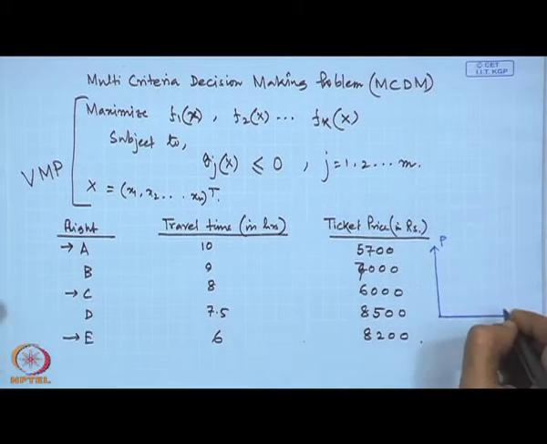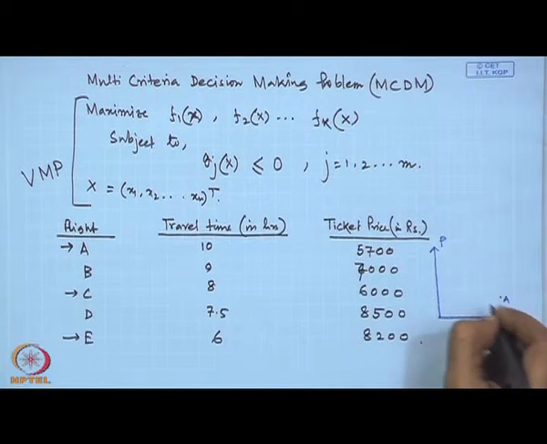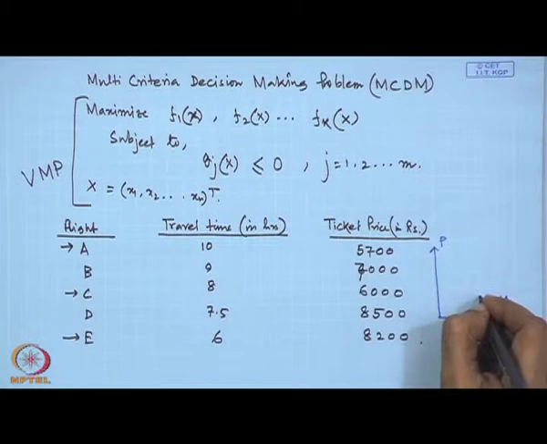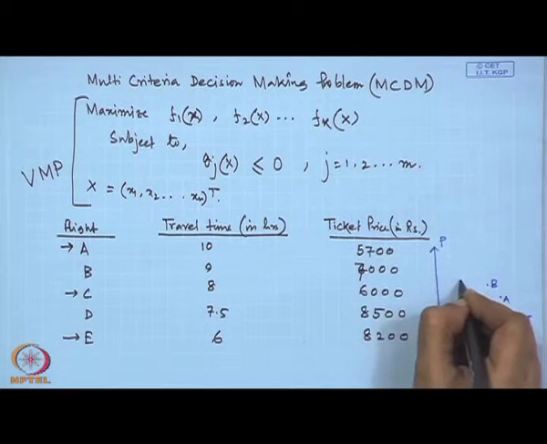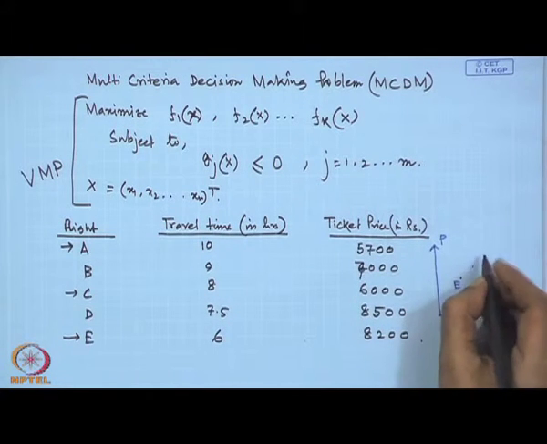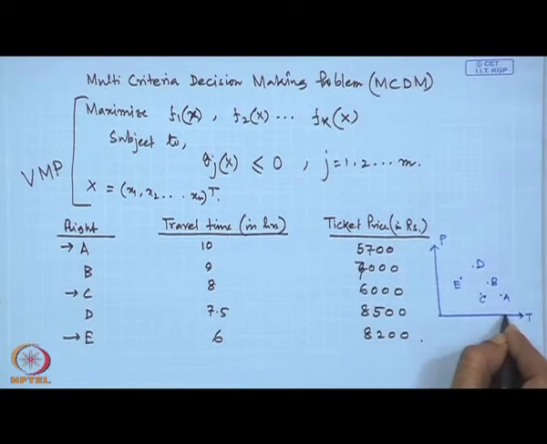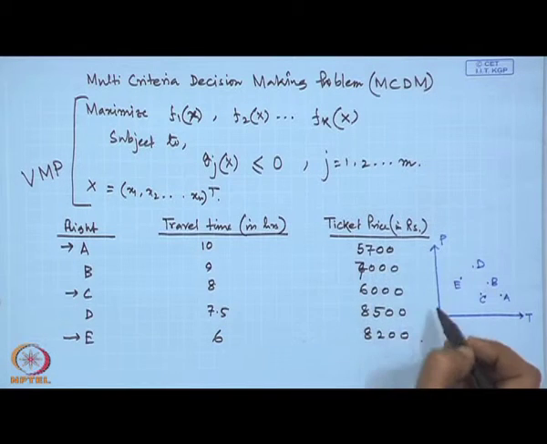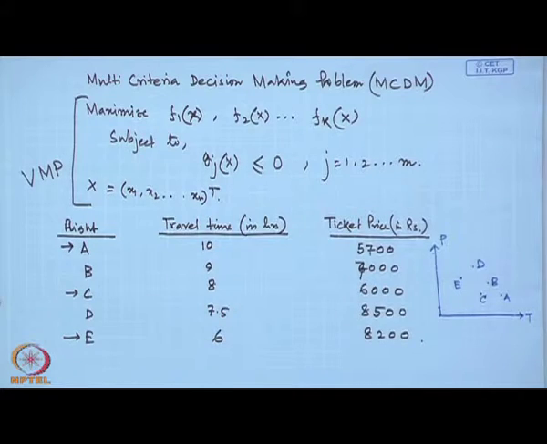Then option A here, option C is here, B is here, A, E, and here we will get D. If I put a scale from 0 to 10 here, and here from say 5,000 it starts from here and goes up to 9,000, this is the figure for this.